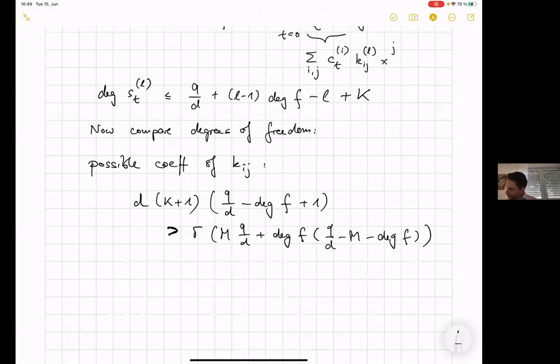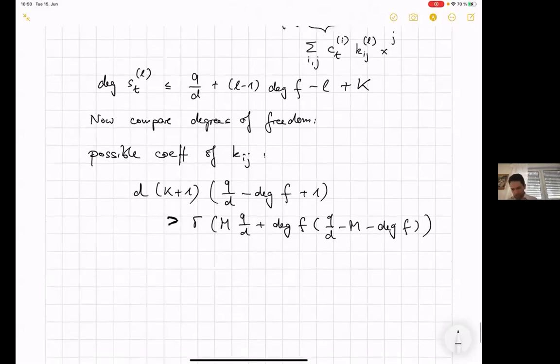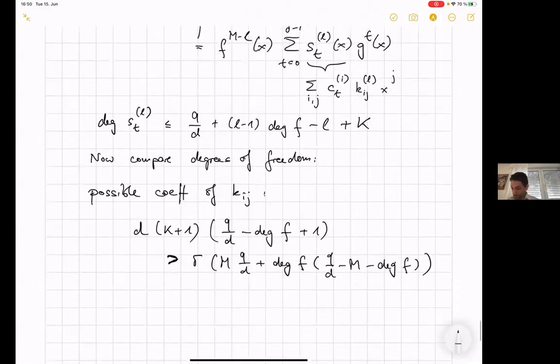That looks a bit complicated. But really what you see, again, the leading term is delta m q over d, and then you have a kind of error term of somehow square root size. We'll see in a moment how this fits together. So this is the number of degrees of freedom that I have available.